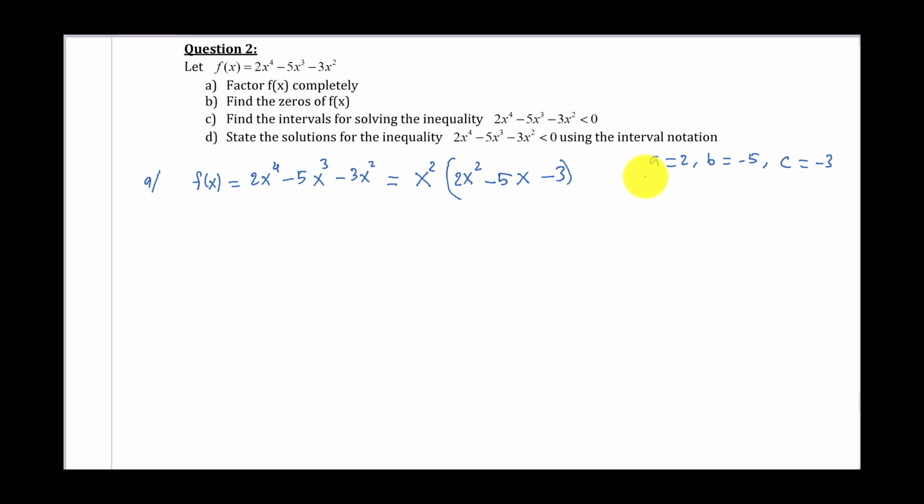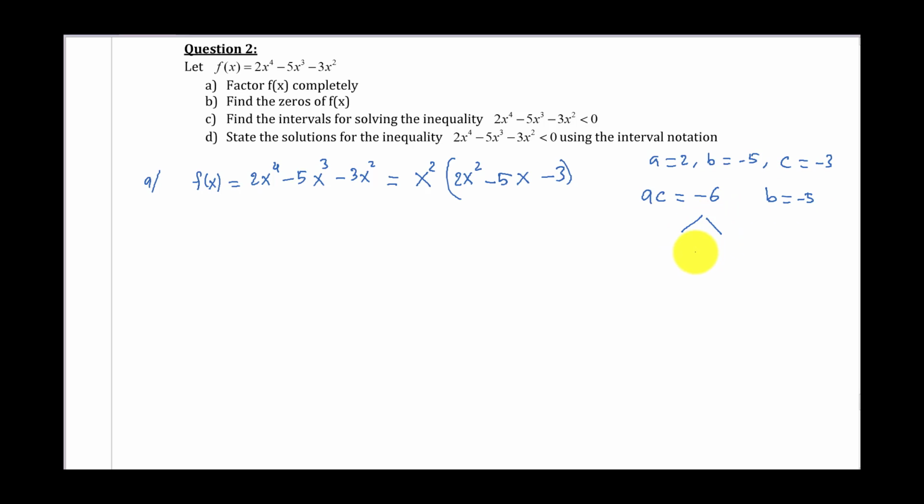And now the AC method is telling me that when I have AC multiplied together, I have 2 times minus 3, that gives me minus 6, and I have b to be minus 5. I need to figure out the two numbers. When I multiply together, I get minus 6. When I add them together, I get minus 5.